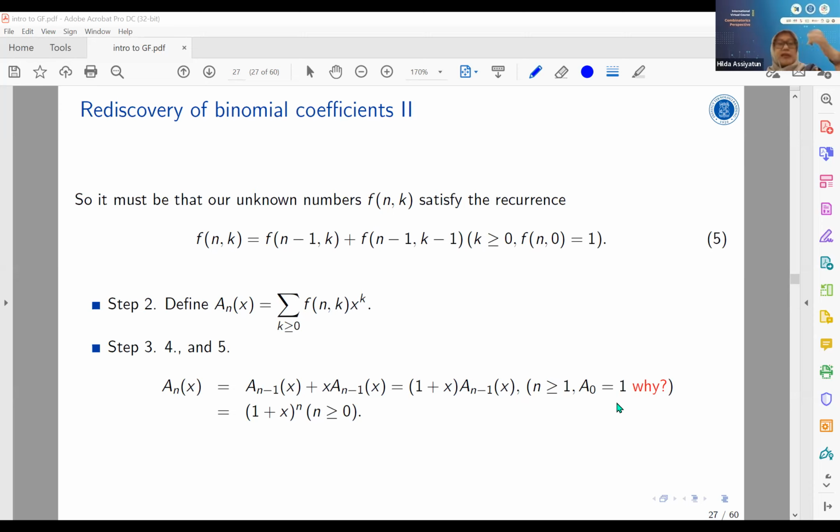What is a0 by definition? a0 is the sum of f 0 k x to the k. Is that right?